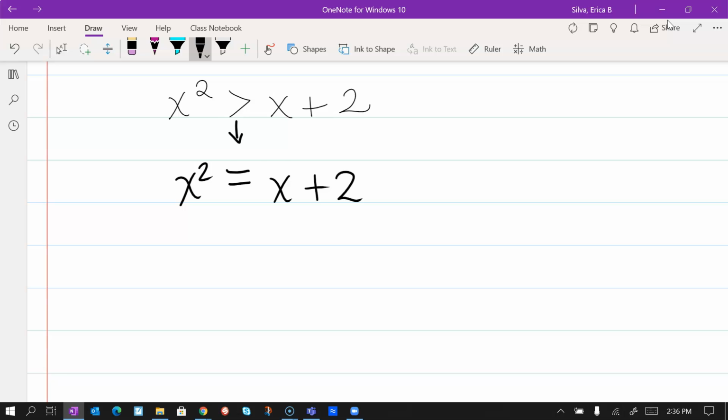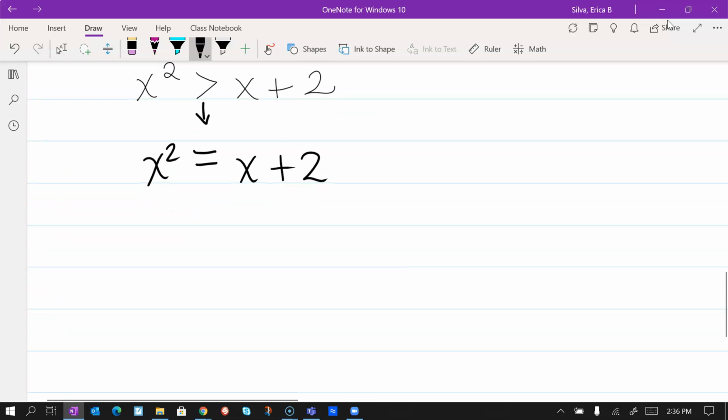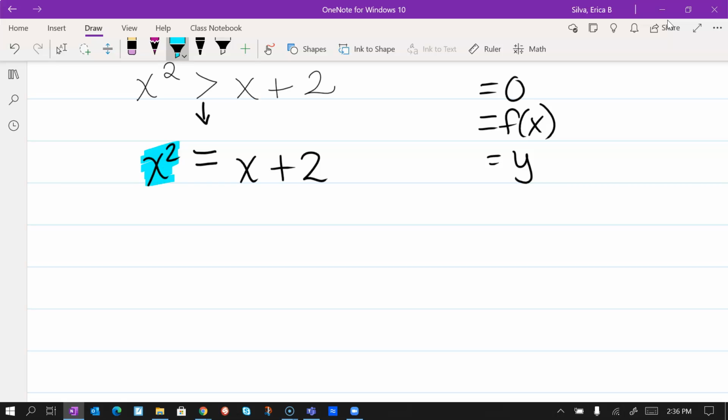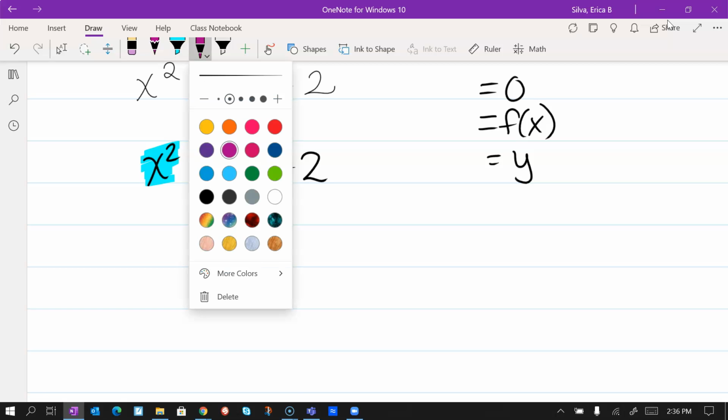And the first step, whenever we solve by factoring or by quadratic formula, we need to make sure it's in standard form, which means it has to equal 0, equal f of x, or equal y. I like my a value to be positive. So I'm going to move everything from the right side to the left side. We're going to do them at the same time.